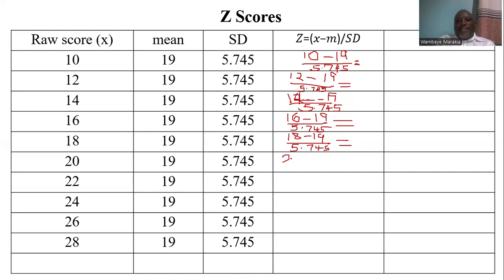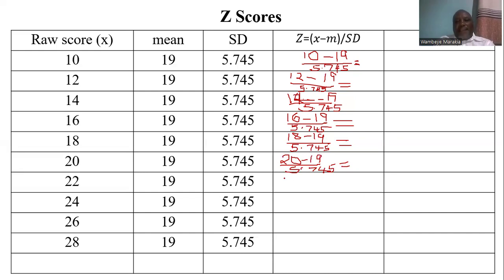Here we have 20 minus 19 all over 5.745. Hope you are moving together with me.